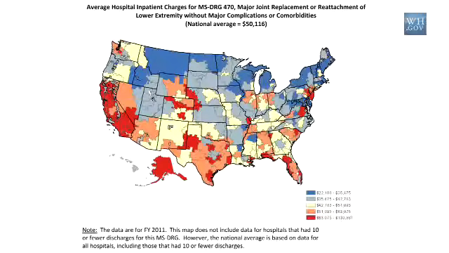So you can see on the map how average charges by region vary enormously. But even within a given metro area, there's big variation. For example, in Birmingham, Alabama, the average hospital charge for a hip and knee replacement varies from $23,000 at one hospital to $141,000 at another.